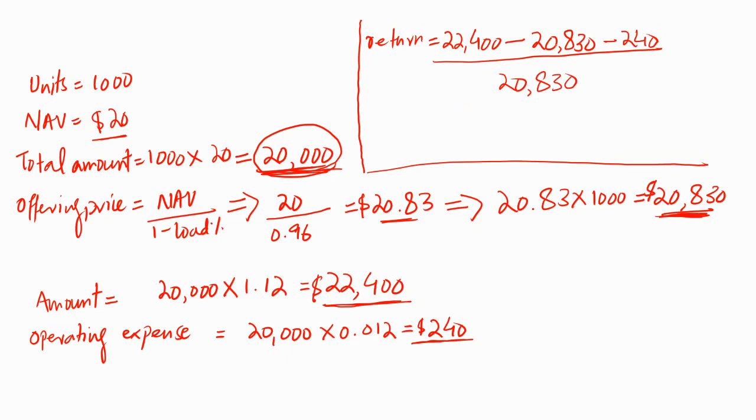Just like we did not consider 20,000 in the numerator, likewise we will not be considering the 20,000 in the denominator, because the actual rate of return for the investor should be based on the amount of money which was taken away from his pocket and not the 20,000. So if we simplify this calculation, we get 6.38% as the return.